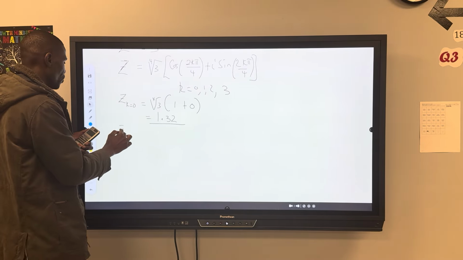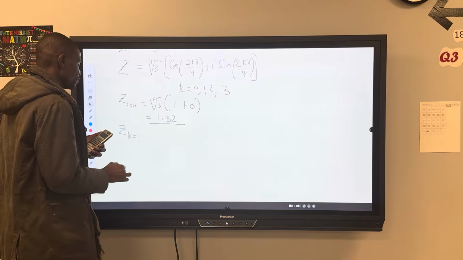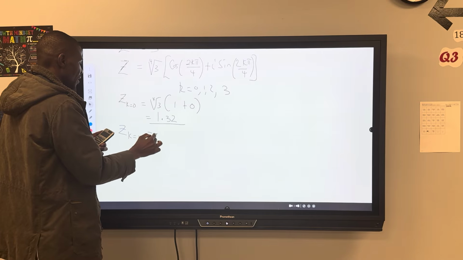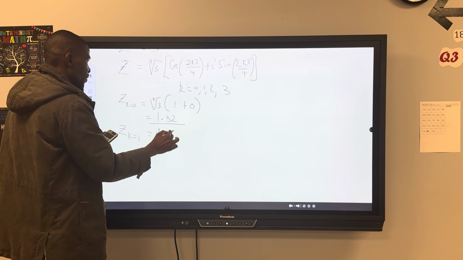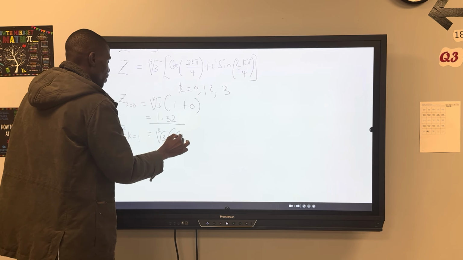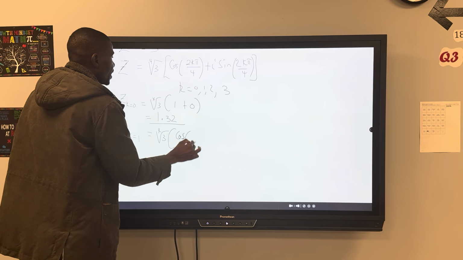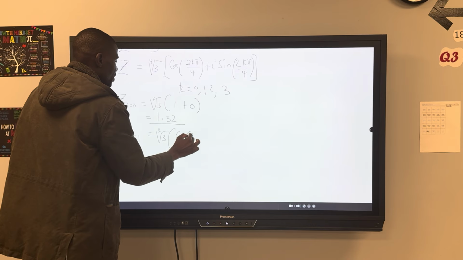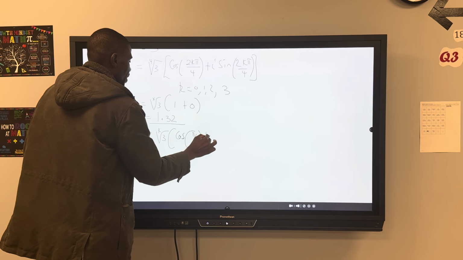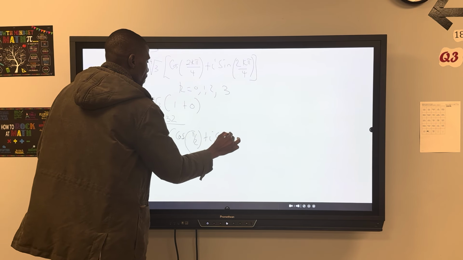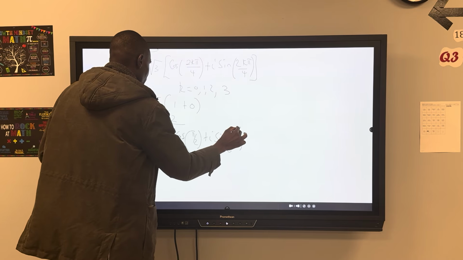Then we move on to k equal to 1. We are going to get the 4th root of 3, then cos of 2 pi over 4, which is pi over 2, plus i sine pi over 2.